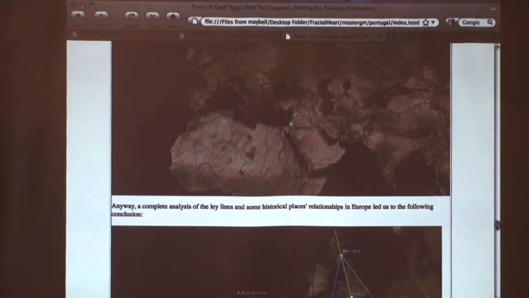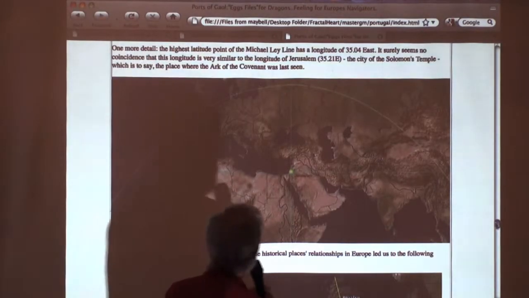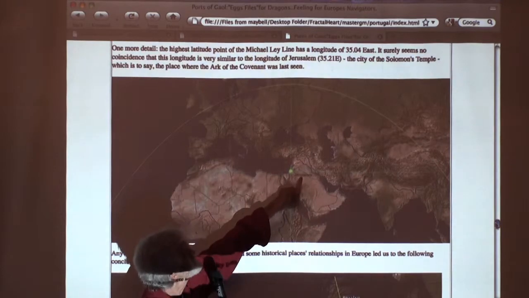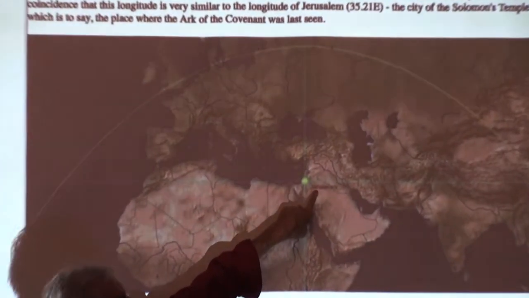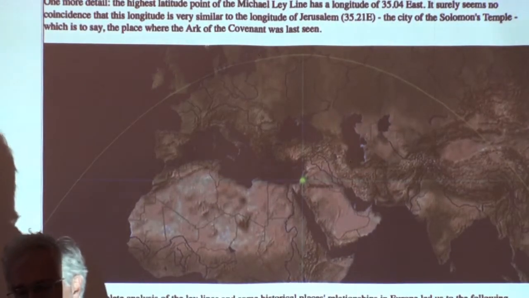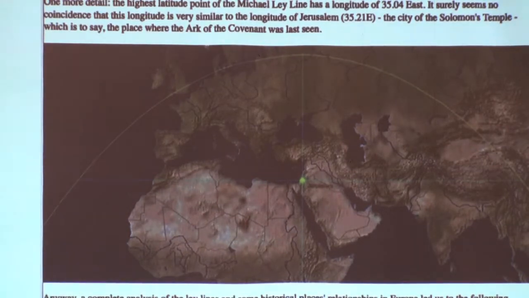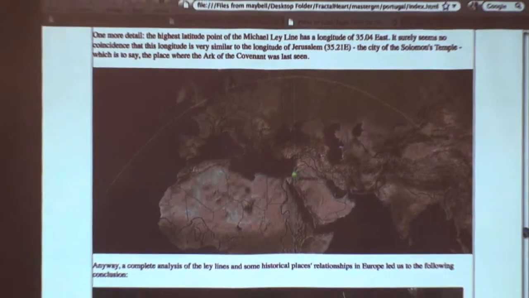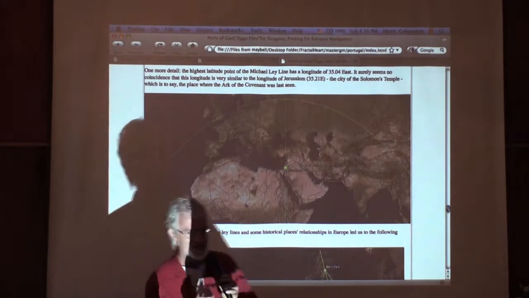Look at the geometry of Jerusalem. I zobaczcie, jaka jest ta geometria, tak jakby miejsca Jeruzalem. The geometry of Jerusalem to the Michael line. Czyli znaczy korelacja miejsca lokalizacji Jeruzalem do tej linii Michaela czy Michała. It's highly fractal. It's very highly leveraged.